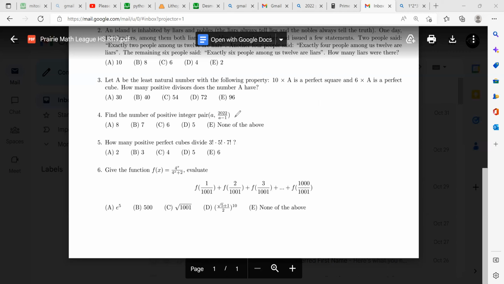As I showed, 2022 is 2 times 3 times 337. So a minus 1 can be a factor of this. It either is a factor of 2 or it is not a factor of 2, so it's only a factor of 1.